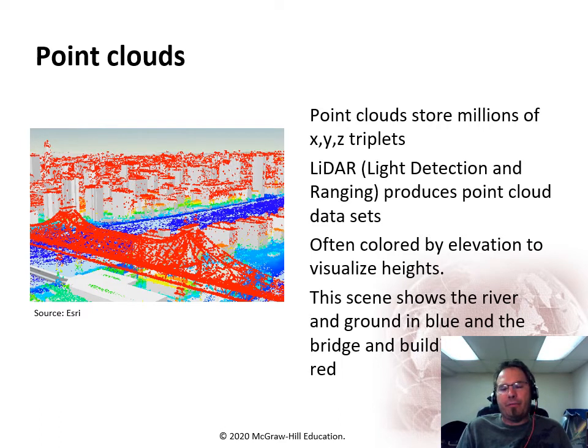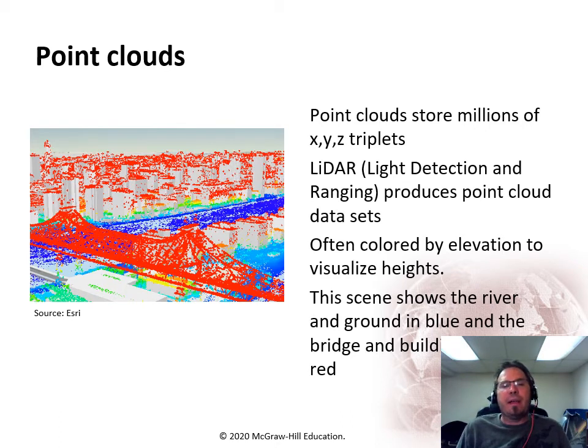So the airplane flies over, and there's a laser beam scanning back and forth over the ground millions and millions of times a second, just generating a boatload of data. It's very, very compact data in terms of there's a lot of data per square unit. So this is where you can start to get sub-meter resolution.